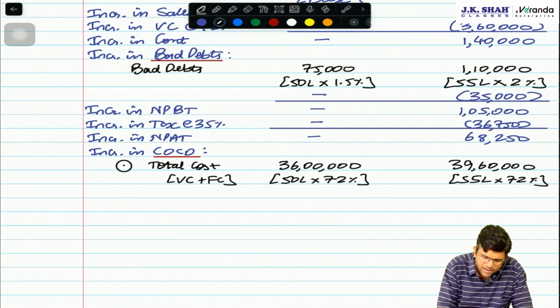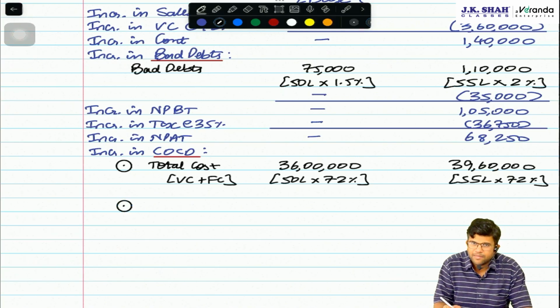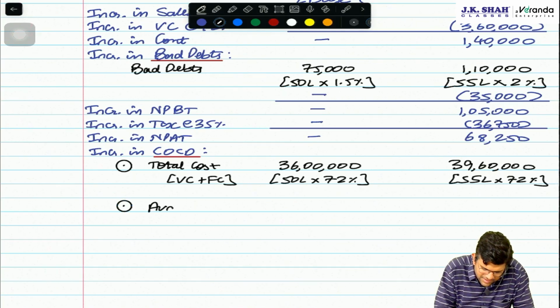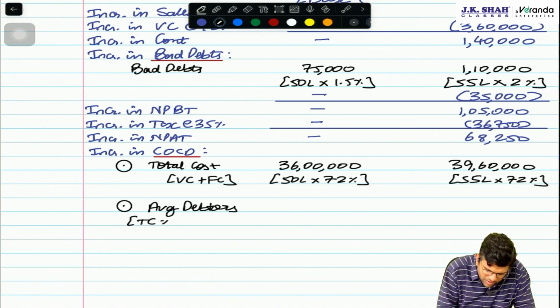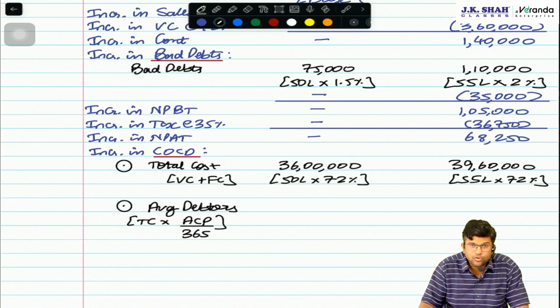Till here clear? What is the next step you do for calculating COCD? Can I say we multiply by the average collection period divided by 365? That step, student, is the calculation of debtors, where we take the total cost, multiply by the average collection period, and divide by 365. Everyone clear? This is debtors. Now, please understand how to do this.